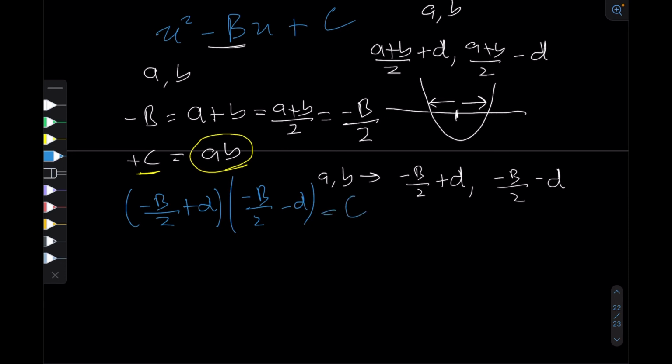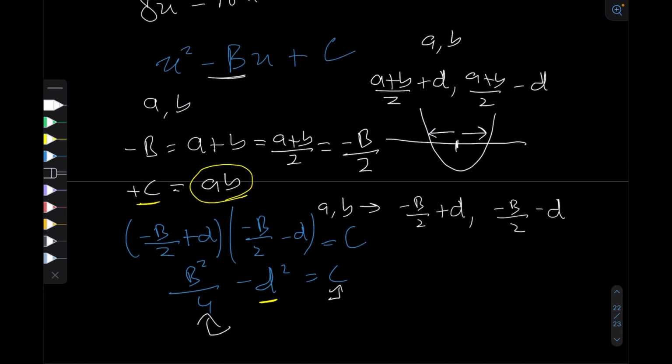We can expand this out: it would be b squared over 4 minus d squared equals c. Now we are interested in finding the distance d, which we can find because we have the c and we have the b squared over 4.